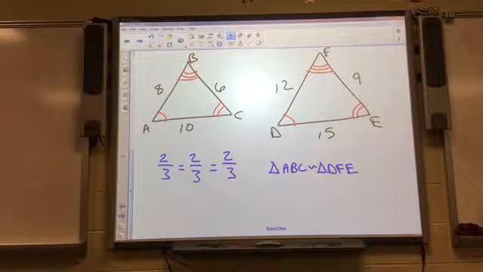That's a pretty common question that you're going to face. Are they similar? If so, write the similarity statement. Can we handle that so far? After that, things don't get too much more difficult. That's kind of the basis of today's lesson.